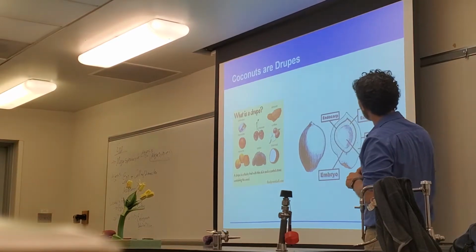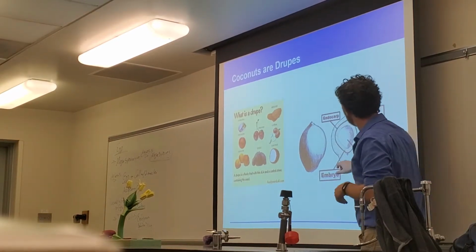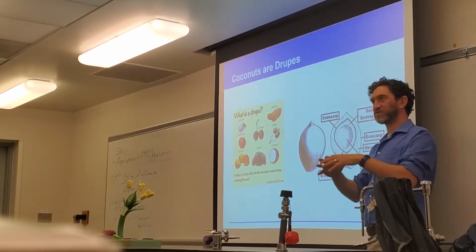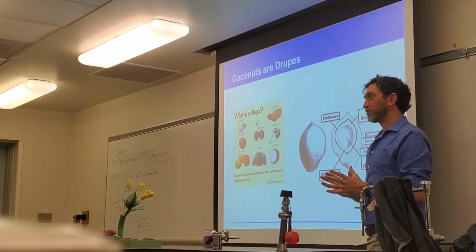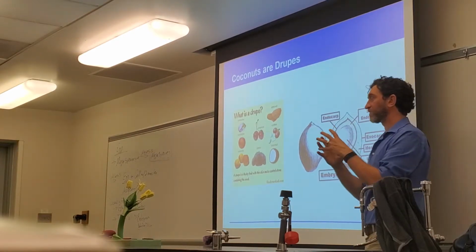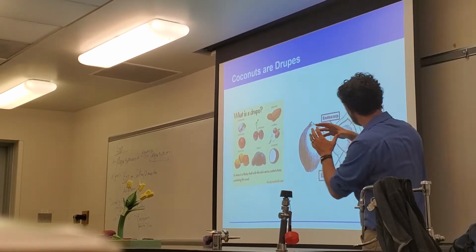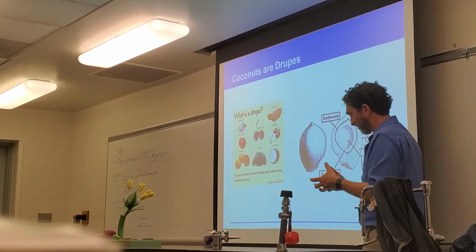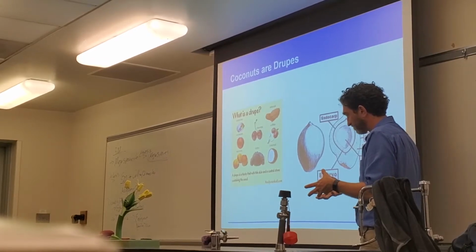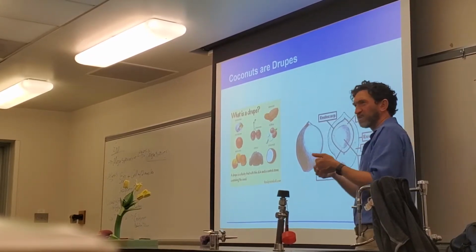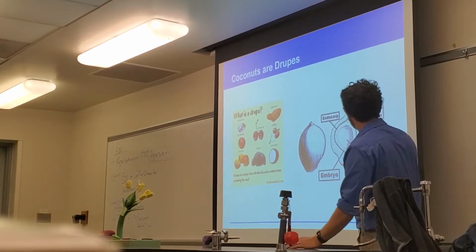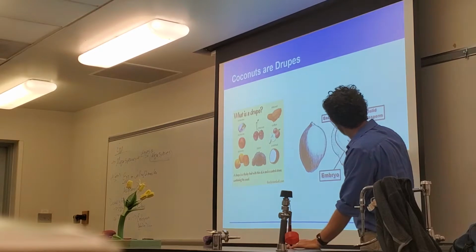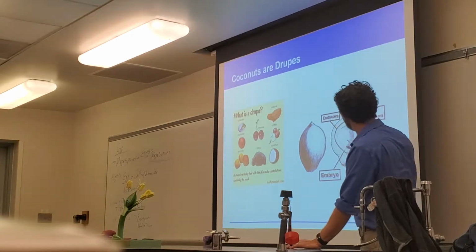Coconuts are drupes. Coconuts are funky drupes because, if you've ever seen a coconut in its husk, have you ever seen a full coconut? What you usually see at the store is just part of it. The exocarp is this husky part, like a corn husk. Yes, it's very heavy. That's the exocarp. The mesocarp's inside of that, and then the coconut that we think of is itself the seed.